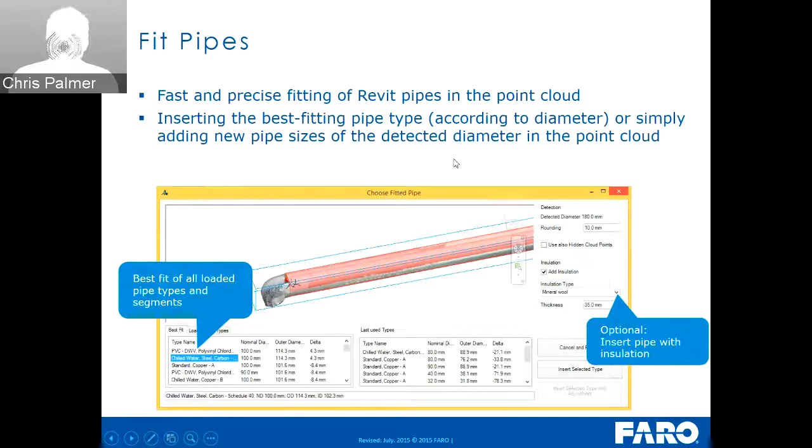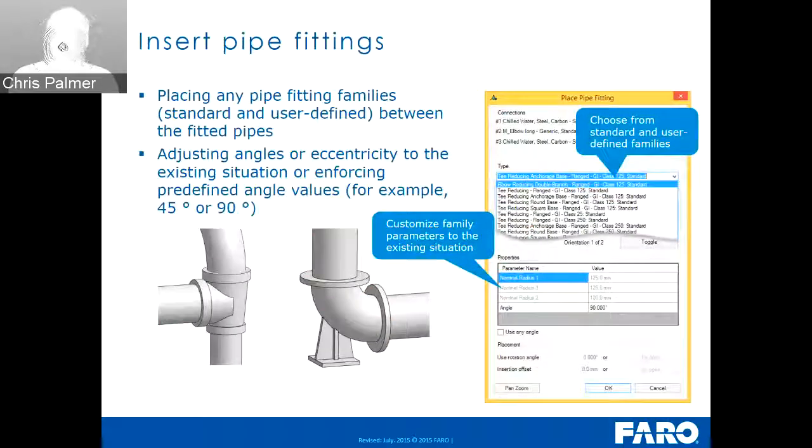What we then do, the process has been broken down really into three main issues. We're going to fit the pipes. We're then going to insert pipe fittings. We're going to do this as a separate function, and then we're going to align all of this together. So once we've got our pipes fitted, we can then go in and insert specific components to join these together.